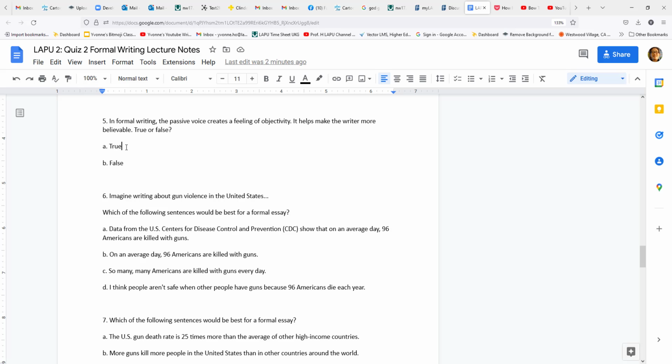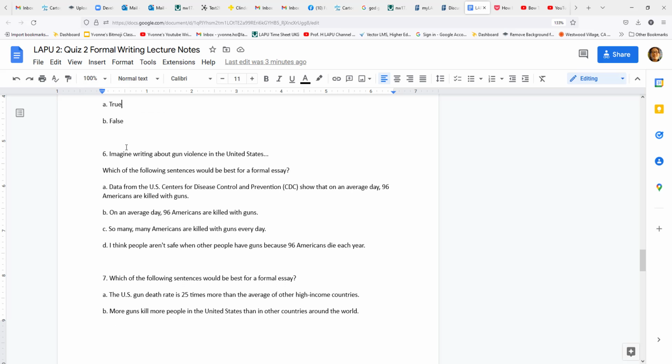In other words, you don't tell who it is that did it. The subject receives the action of it being done to it. So it's true that we use active voice when we write our essays, and we use passive voice when we write science reports.